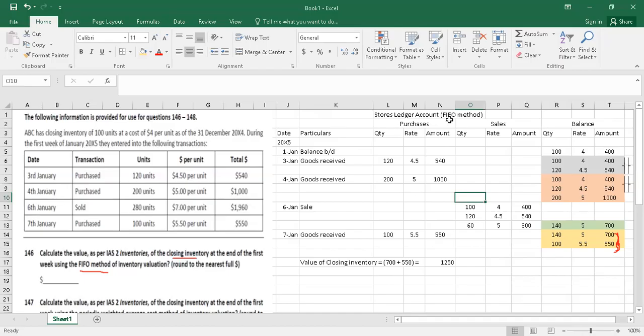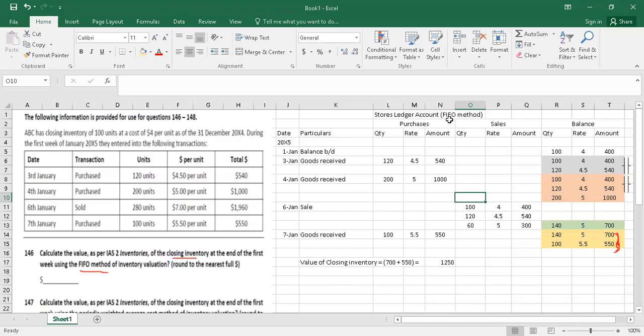LIFO is followed as per GAAP, generally accepted accounting principles, but under the International Financial Reporting Standards, the LIFO method is not followed. So we will not be learning about the LIFO method, because ACCA is a UK body and in the UK it is IFRS which is followed.